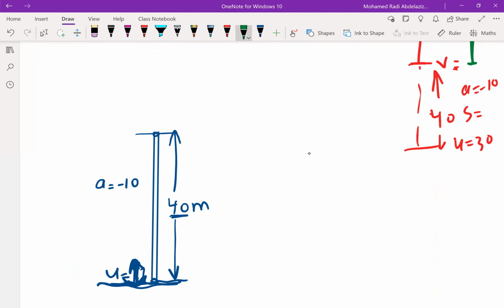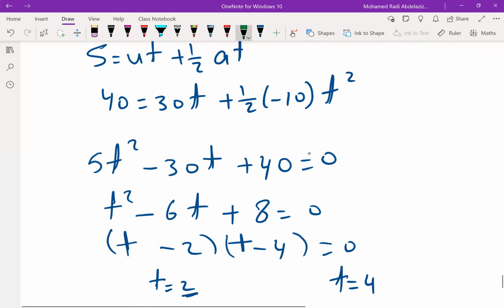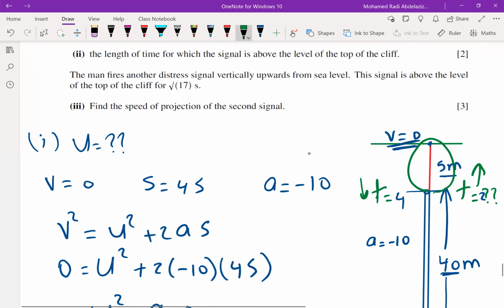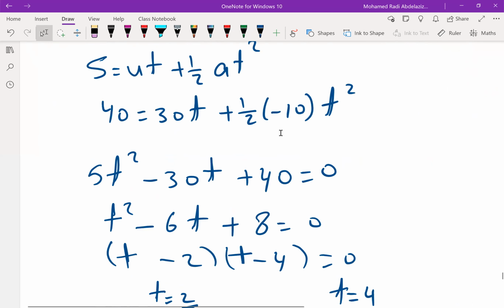But now it's given that the particle moves up and back to this point. It's given as 17 seconds. This is the duration above the level of 40. Find the speed of projection of the second signal.